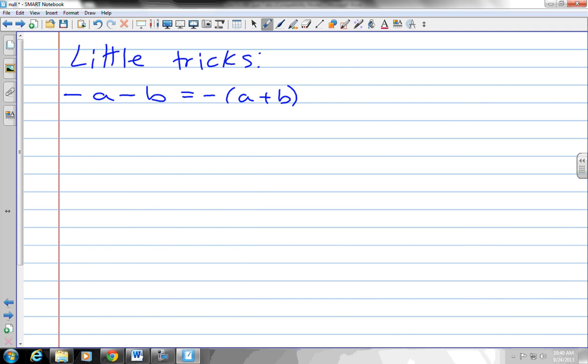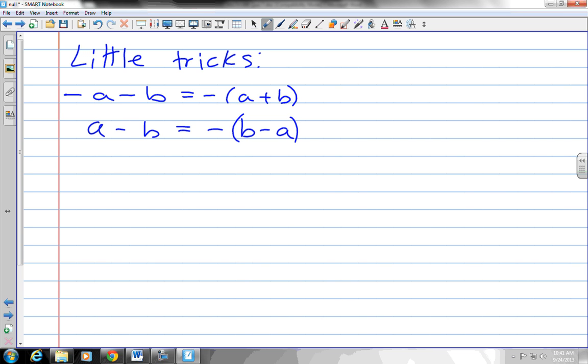So that's one trick that we'll be using a lot. Another trick: if you flip around the negative, if one is a minus b and the other is b minus a, turning a minus b into b minus a also changes the sign. So a minus b is the same as negative b minus a.